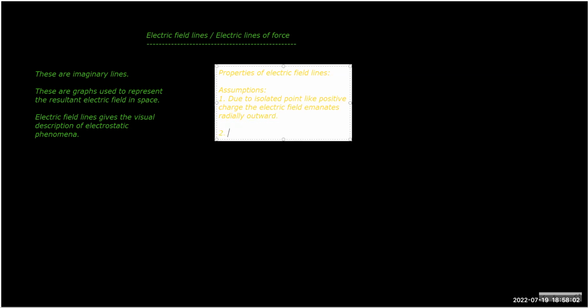And the second is, due to an isolated point-like negative charge, the electric field lines terminate radially inward.